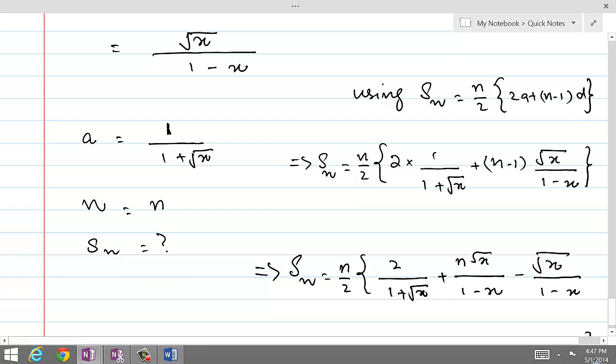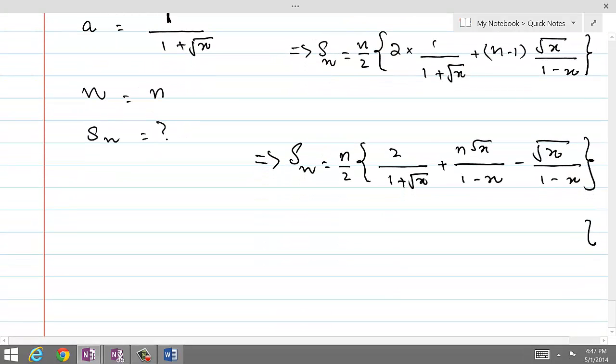So this is the value, and now we can simplify the first and the second term.